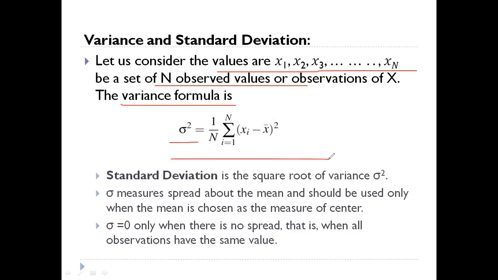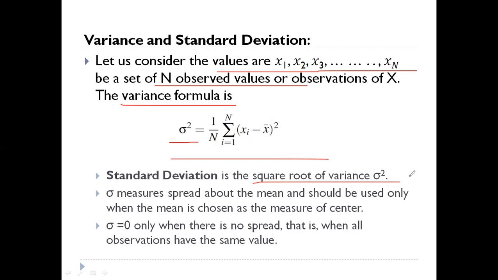After calculating the variance, we take the square root of the variance, which is called the standard deviation. If you have the total number of observations, add up each and every value, and finally take the mean value.